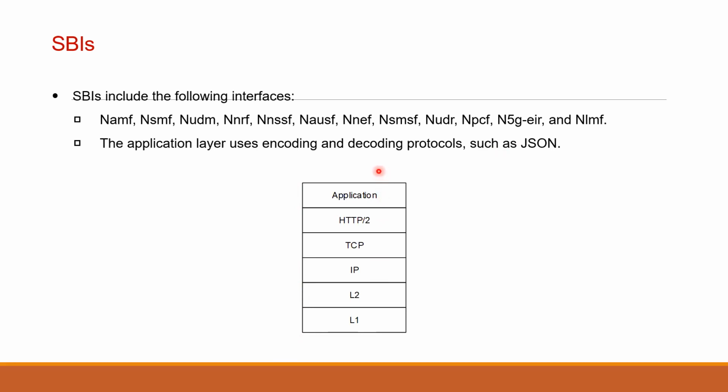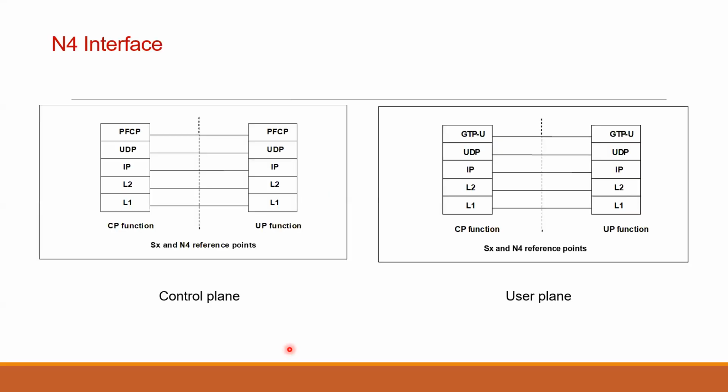So all of these interfaces have the same protocol on which they communicate. And unlike EPC, where we used to have different protocols for different interfaces, it does not take place here. In your control plane, the communication is done on a common protocol.